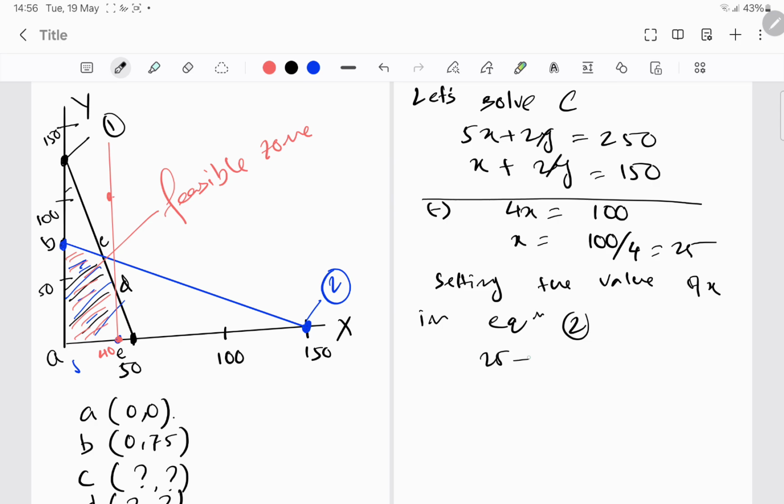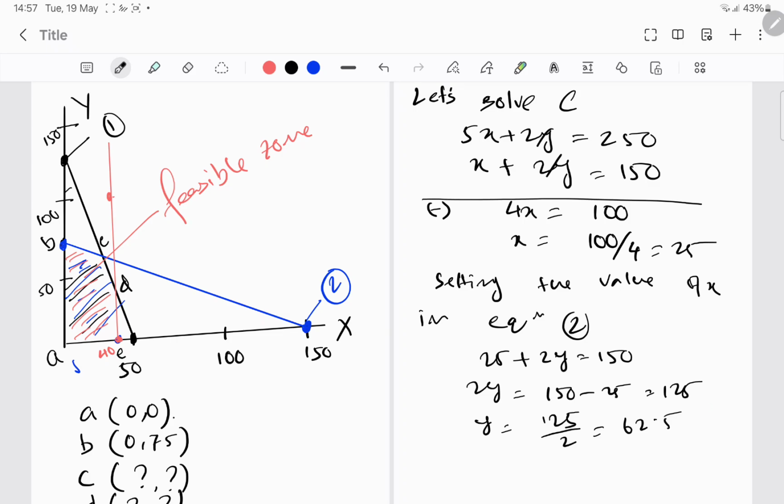So that is 25 plus 2y equal 150. 2y equal 150 minus 25, which will be 125, and y equals 125 divided by 2, which is 62.5.